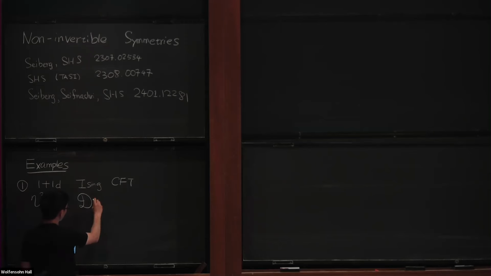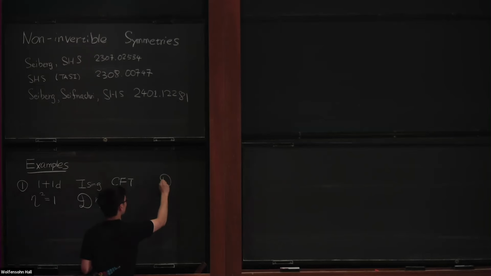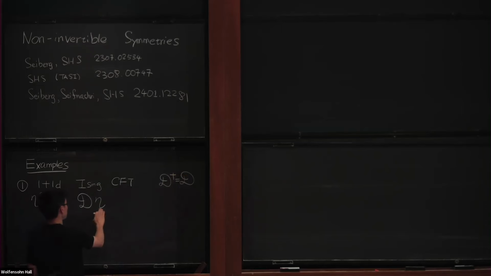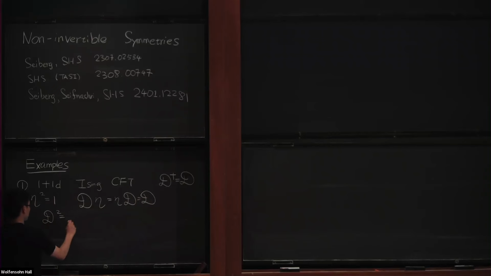But it does not obey a group-like multiplication law. If you multiply that operator, which by the way is self-adjoint, let me write it somewhere, by this Z2 operator, it just gives back this interesting operator D. If you square it, you don't get just one object on the right-hand side, but you get a sum of the identity operator and the invertible Z2 operator.